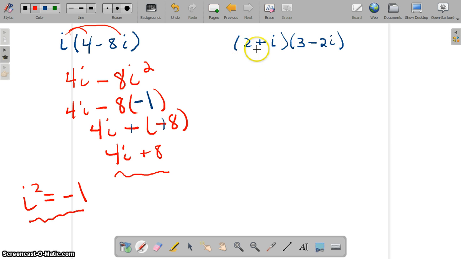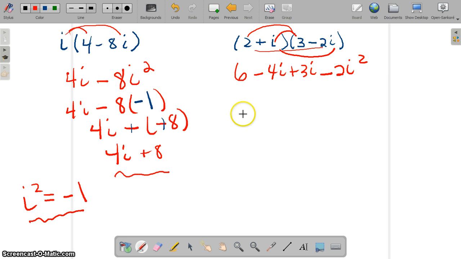You're going to actually FOIL this, okay? So we're going to go first, which is 6, outer, which is a negative 4i, inner, which is a positive 3i, and last, which is a negative 2i squared.